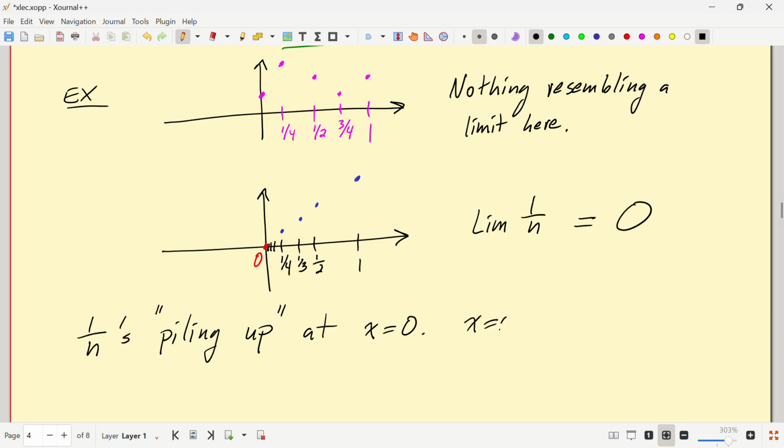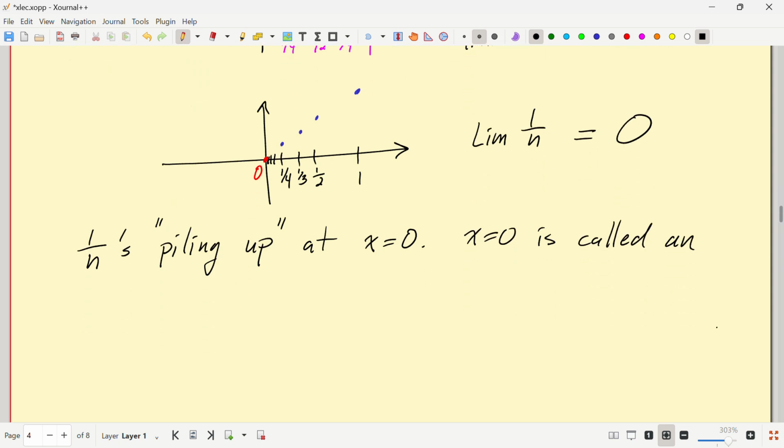X equals 0 is called an accumulation point of that set.